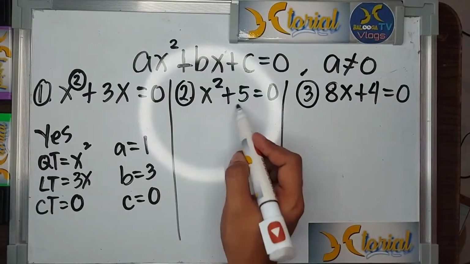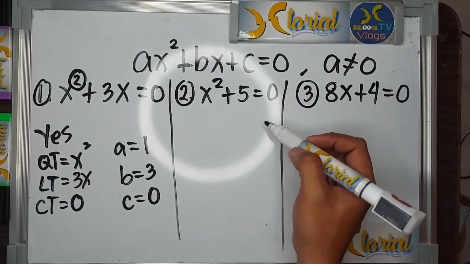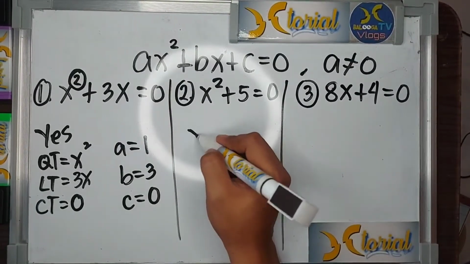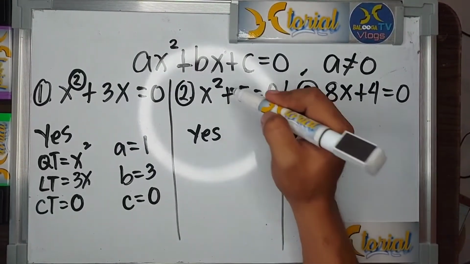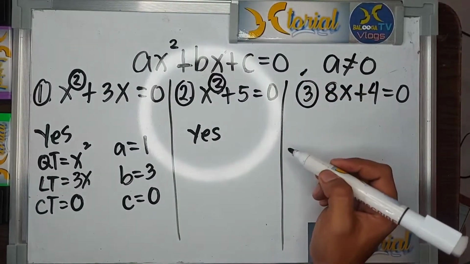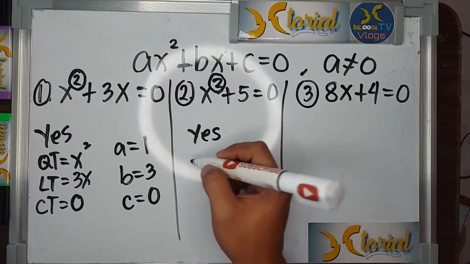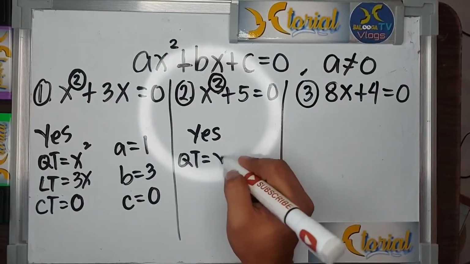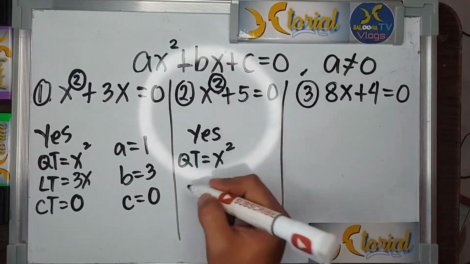X squared plus 5 equals 0. Is it a quadratic equation or hindi? Okay, it is a quadratic equation. Bakit? Kasi nga, the highest exponent o yung pinakamalaki is 2. So, ano yung quadratic term natin? We have x squared. Correct.